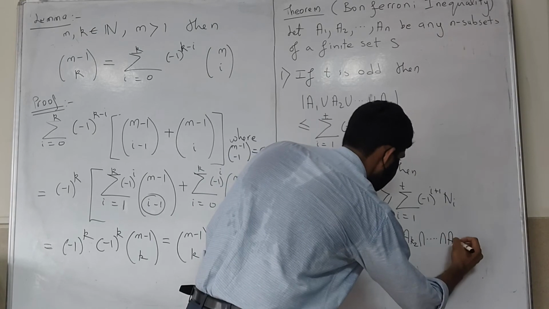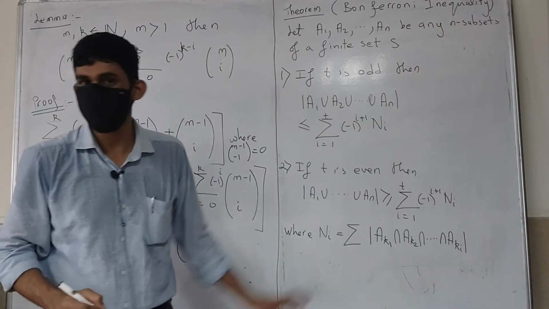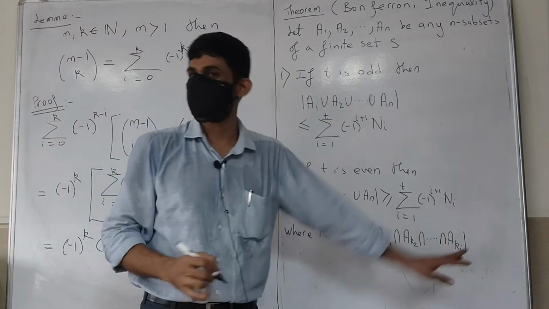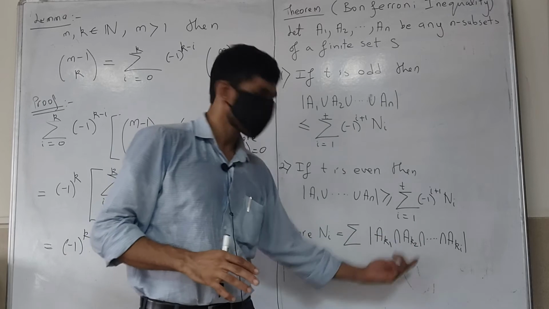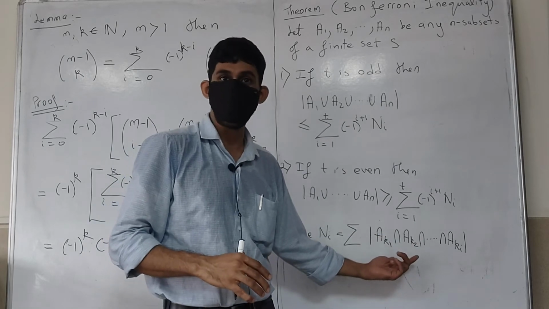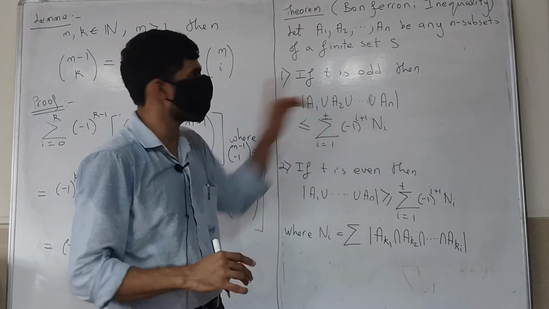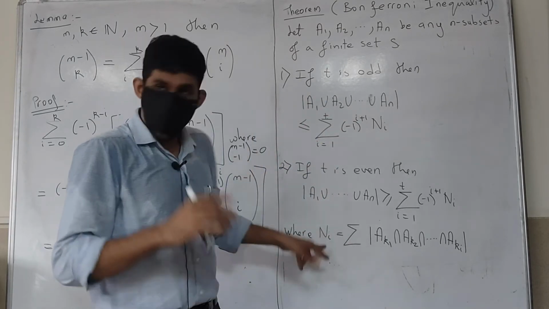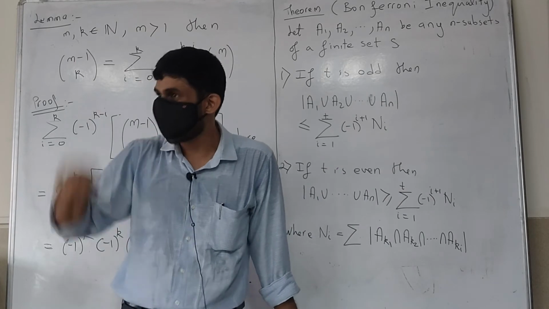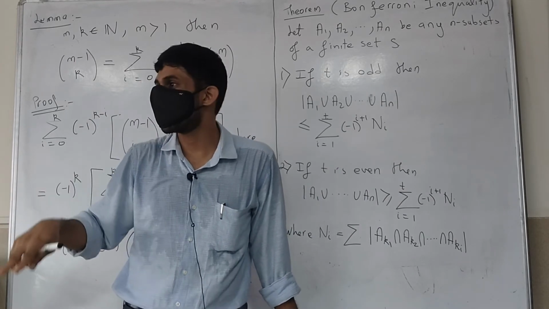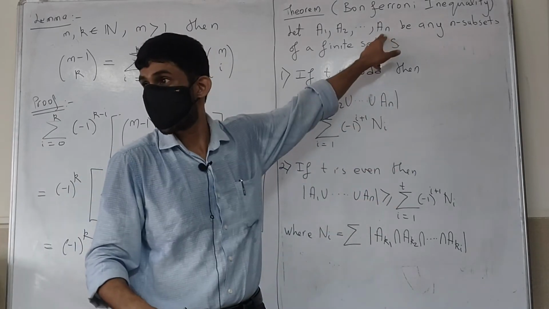Look at all the different i order intersections and take the cardinalities. I hope this is clear. N1 would be cardinality of A1 plus cardinality of A2 plus cardinality of A3 up to cardinality of An.